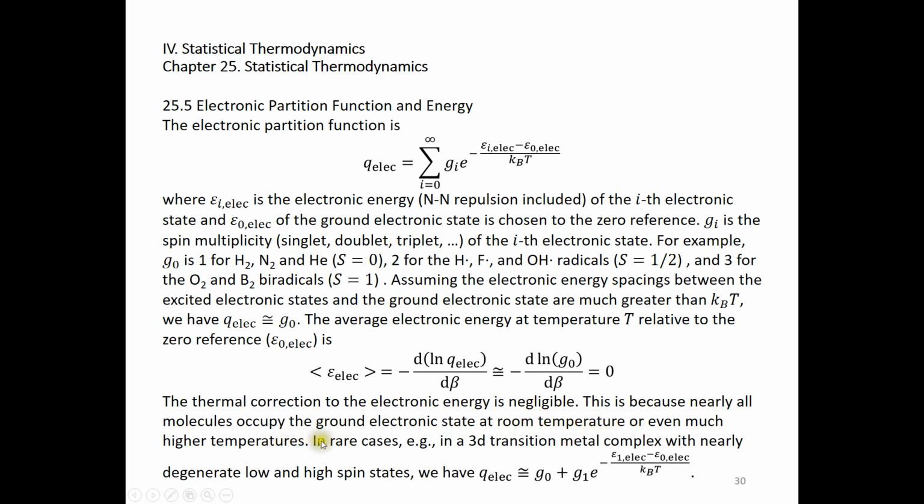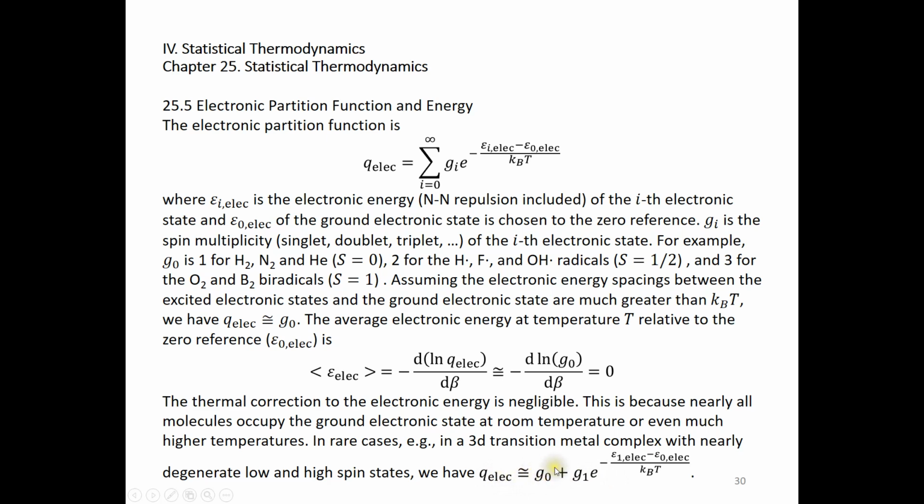In very rare cases, for example in a 3d transition metal complex, where d means d orbital, with nearly degenerate low and high spin states, at least two terms should be included in the electronic partition function.